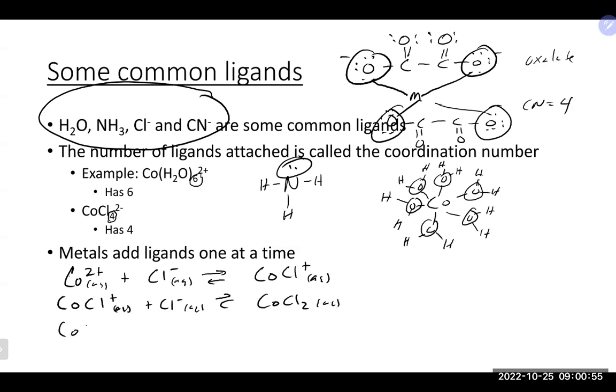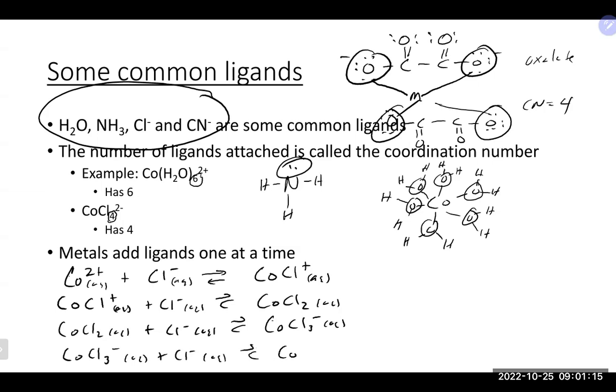Then the CoCl2 would pick up the third chloride, which will make CoCl3-. And lastly, the CoCl3- will pick up the fourth chloride, and you'll get your CoCl4 2- here in this case.